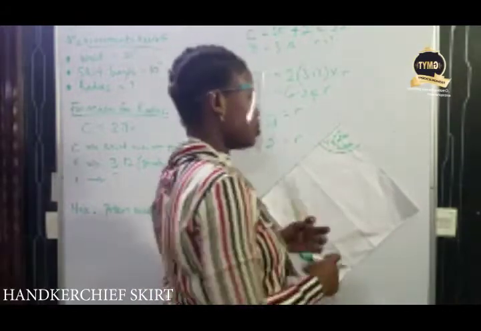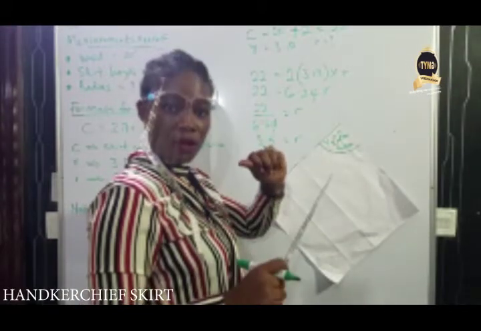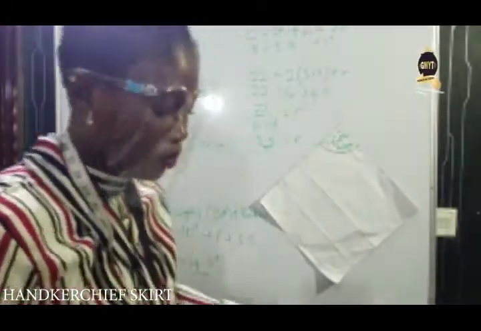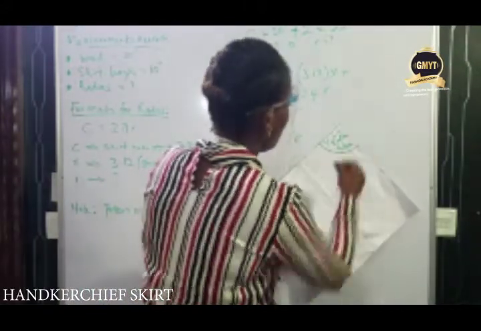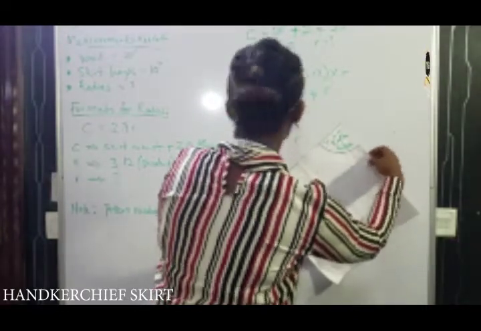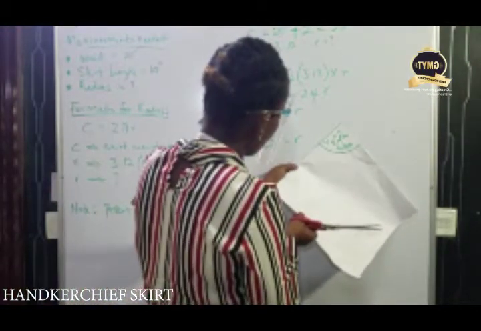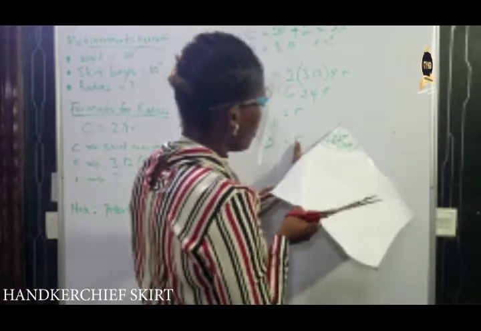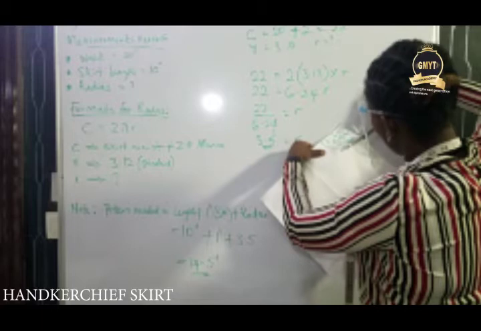So I'm going to show you how to place this pattern on your fabric, because you need to fold your fabric into 4. So I'm going to show you the practical aspect of that. So right now, I'm going to cut this out.